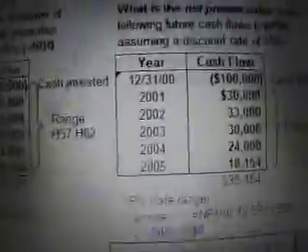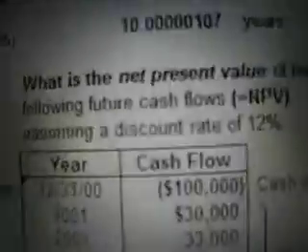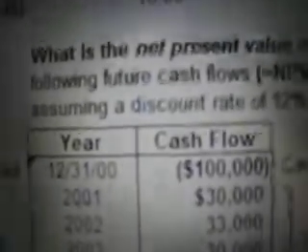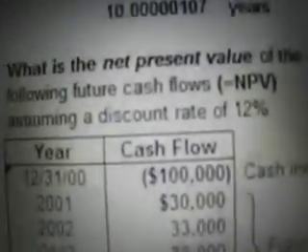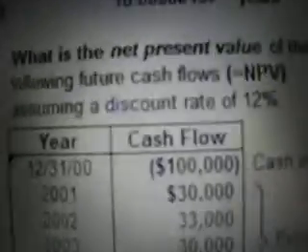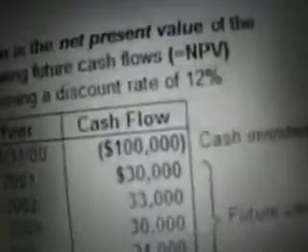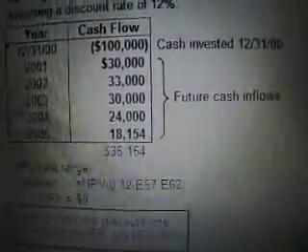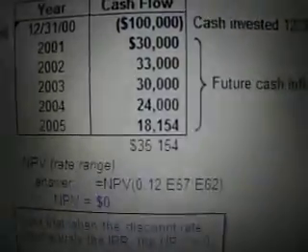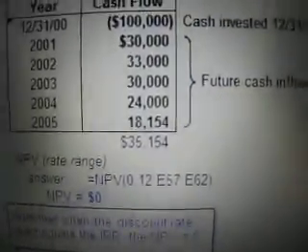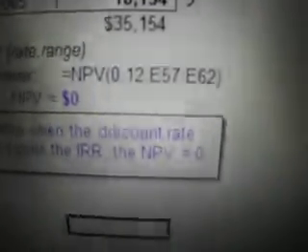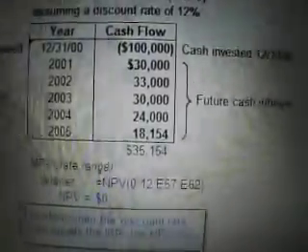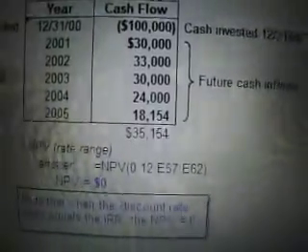And that is called the net present value. Similar to the internal rate of return, but in this case, the earnings are expressed in dollars. That is, if you convert all of these cash flows into their present values, and then look at the total amount. What is the net present value? So number one, you invest 100,000. That is the current investment. Then you receive 30,000, 33,000, and so on.